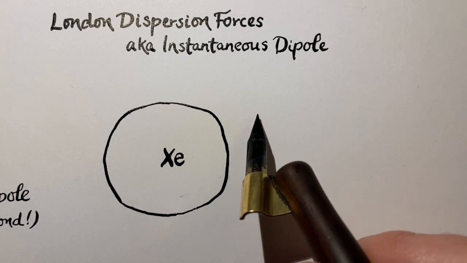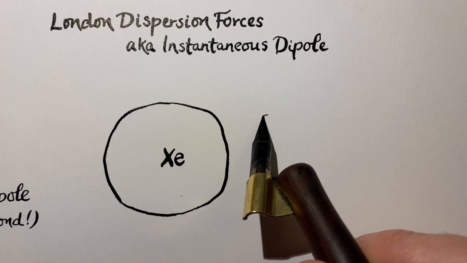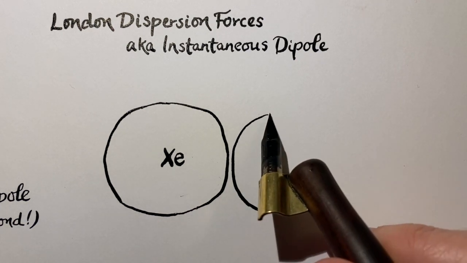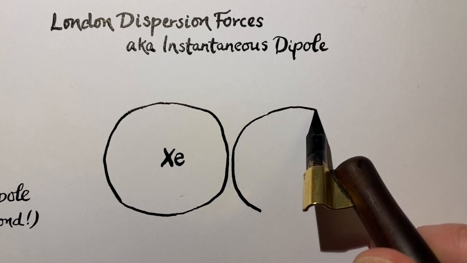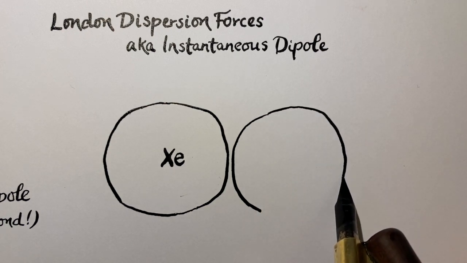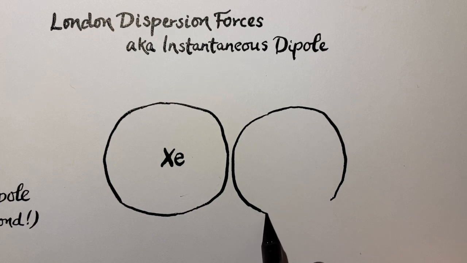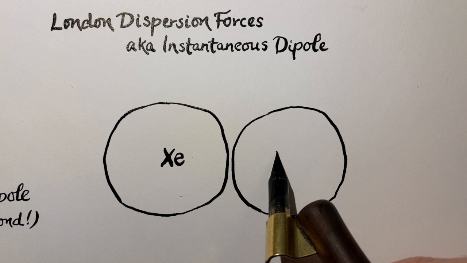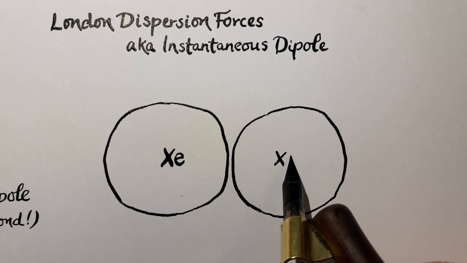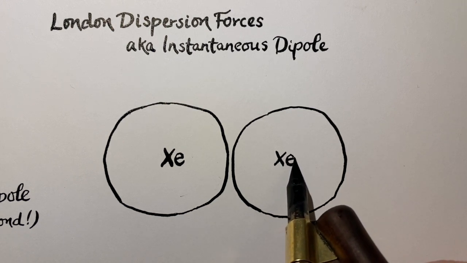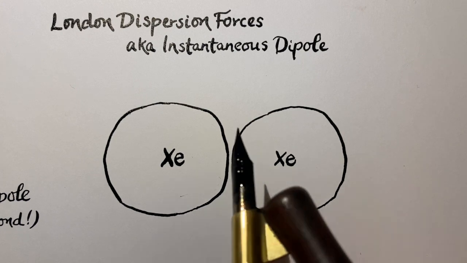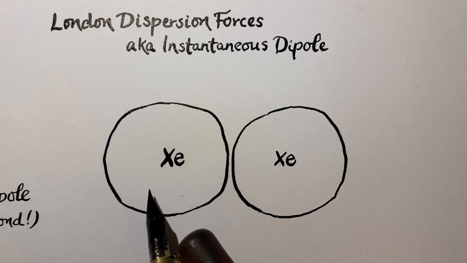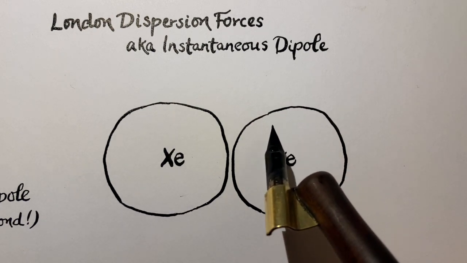Okay, so let's consider if we have two xenon atoms that are nearby each other. So I'm going to try to draw an atom of similar size. So here's another xenon. Like I said, 54 electrons here, 54 electrons here.